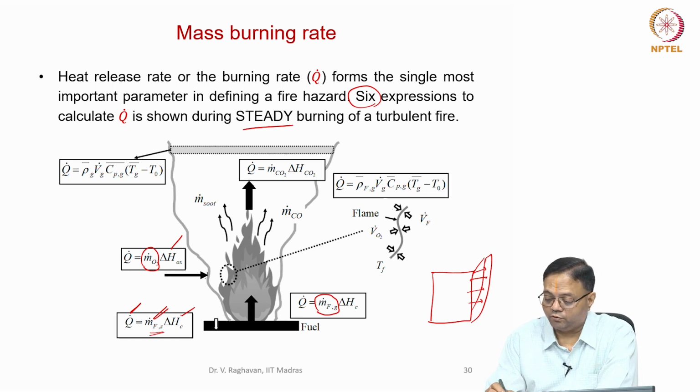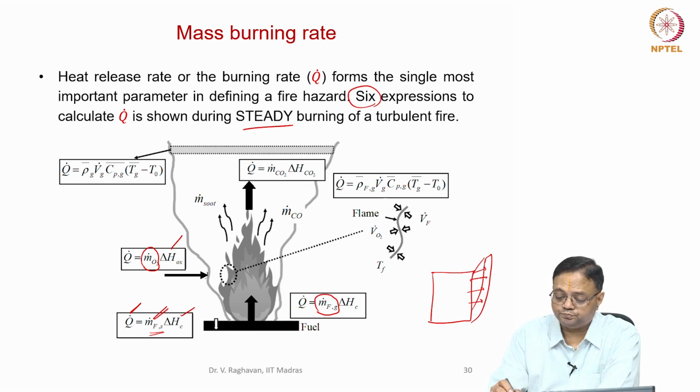Okay, so oxygen comes, fuel comes, the diffusion flame forms and so on. Similarly, the mass of CO2 coming out, if I can measure that, into the heat of combustion per kg of CO2 generated, that can also be the expression.